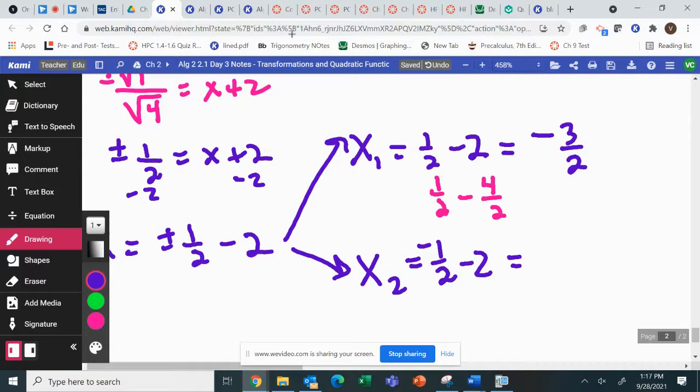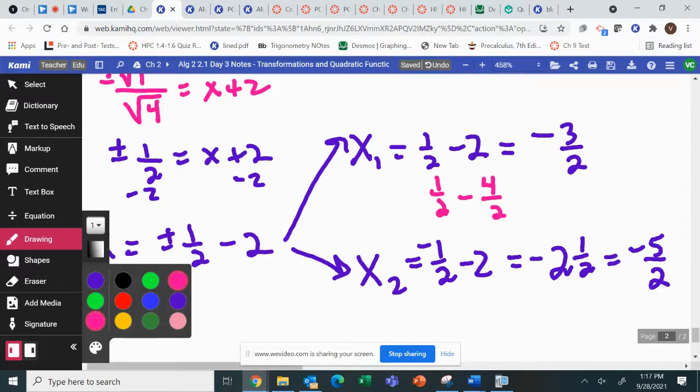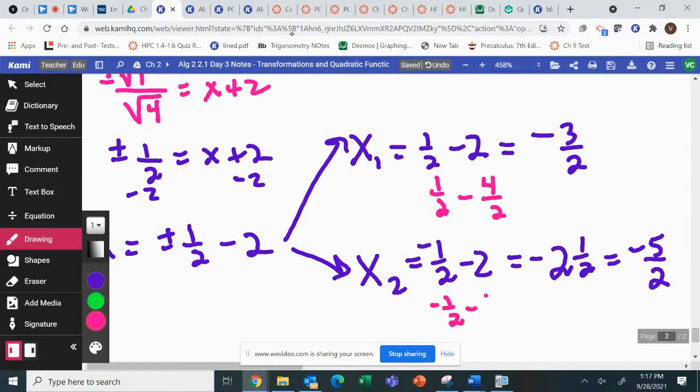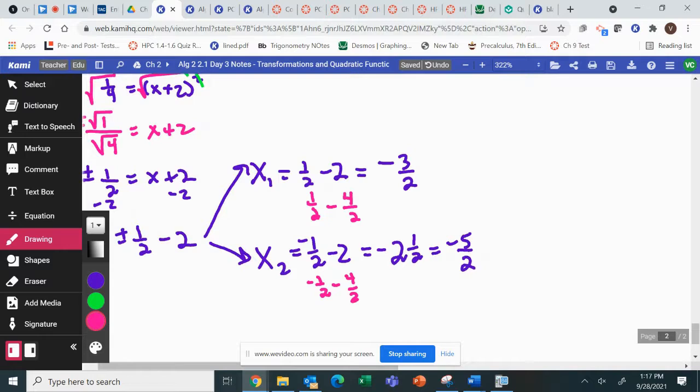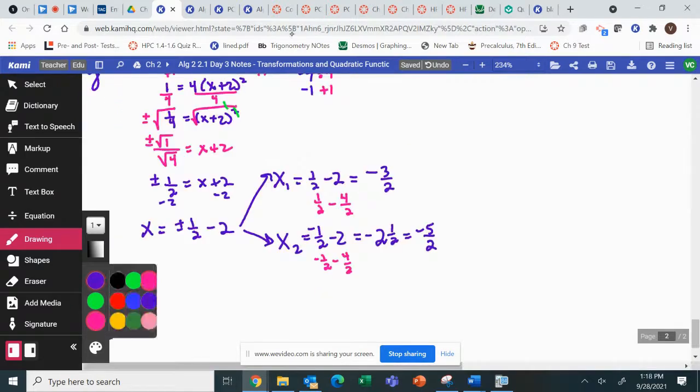This one, if I take negative a half and I go down 2, that's going to be like negative 2.5 or negative 5 halves. Or we could do it by common denominator, negative a half minus 4 halves, which still gives me negative 5 halves. However you do it, that depends on your memory of fractions. And if you need help with those, we can go over those later.